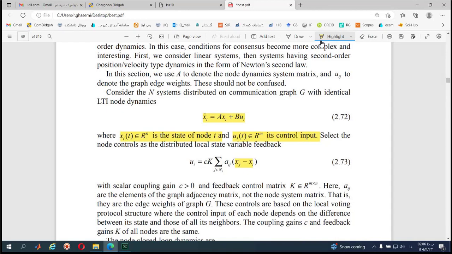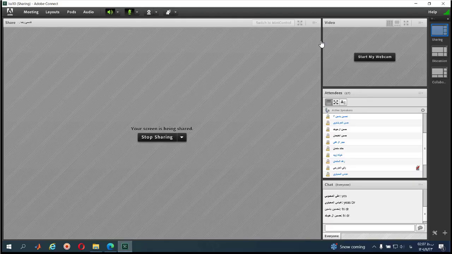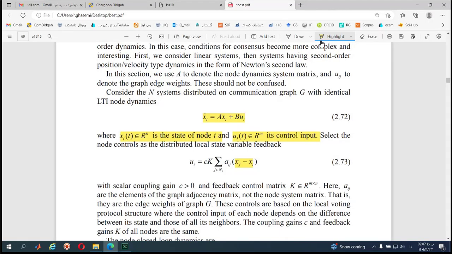This means if the distance or velocity or acceleration between two agents becomes big or decreases, the u input of the agent decreases, to connect the nodes or agents in multi-agent systems.